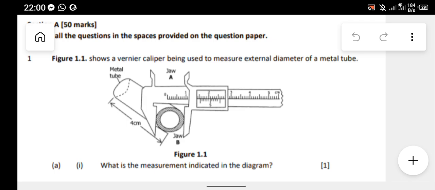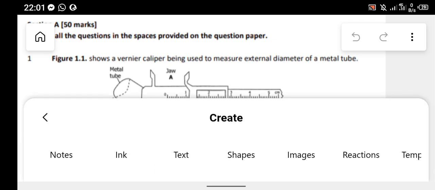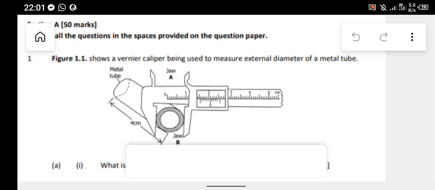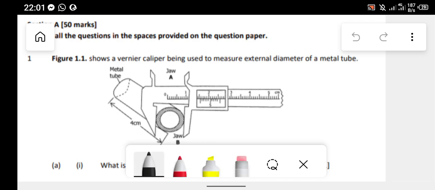So how do you find the measurements? You need to know how to read a vernier calipers. First and foremost, you need to understand that a vernier calipers has two scales. The first one is the upper scale. Let me just write it here.